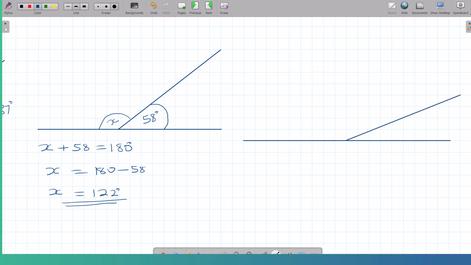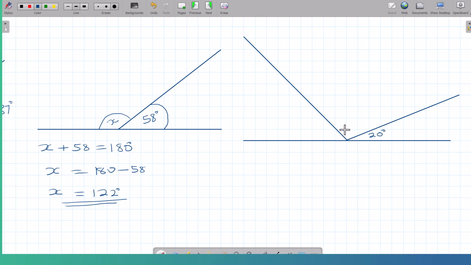And then another angle, and the teacher can put 20 here. They can say this is 20 degrees.